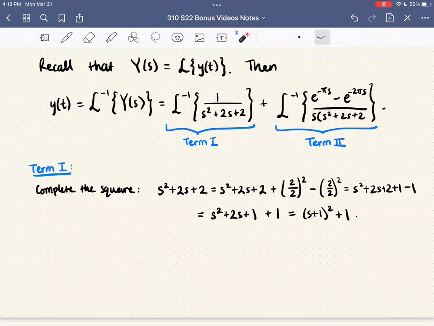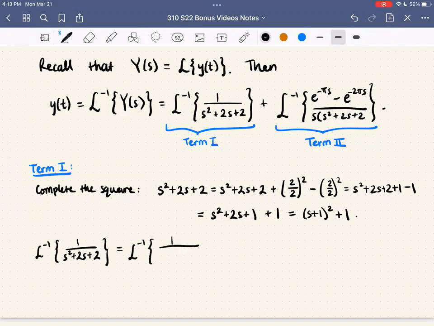Now remember that this was the denominator of term 1. So going back to term 1, I'm looking at the inverse Laplace transform of 1 over s squared plus 2s plus 2. If I complete the square of the denominator, that's the inverse Laplace transform of 1 over s plus 1 squared plus 1.